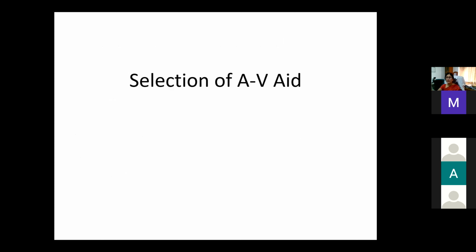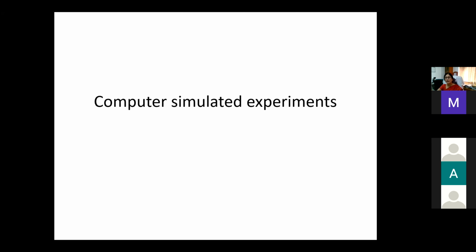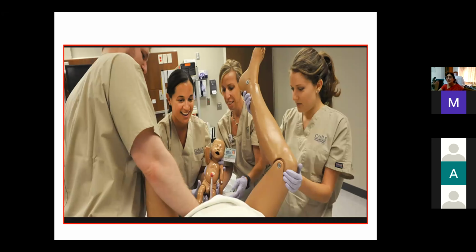Then for every group discussion or small group teaching, we can have a selection of the proper AV aids. Like we have computer simulated experiments. In every college, very beautiful skill labs are coming up, so they can be utilized properly for small group discussions.